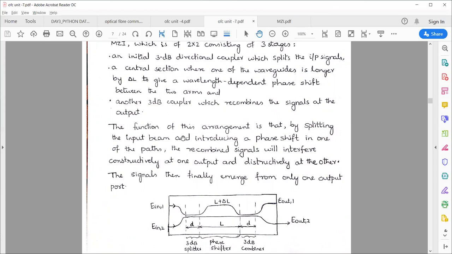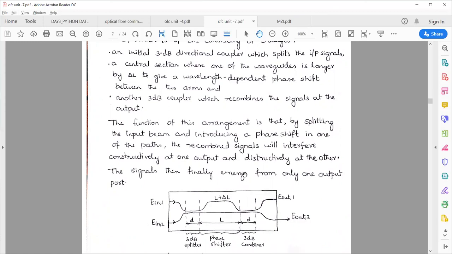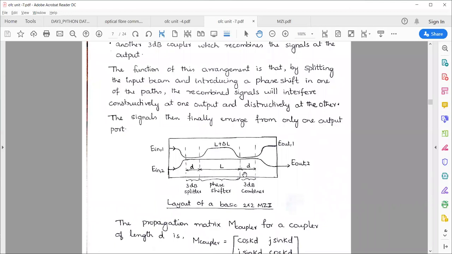The function of this interferometer is like this. When you have two input signals of different wavelengths, say E in 1 and E in 2, they are passed to the 3 dB splitter. This splitter splits these two incoming beams into the two arms of the phase shifter, which are of the same strength.